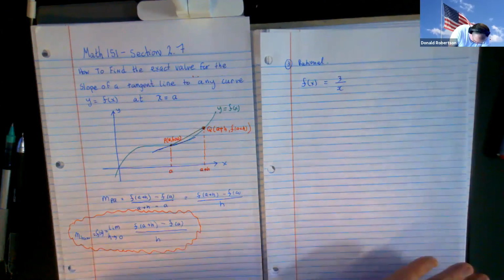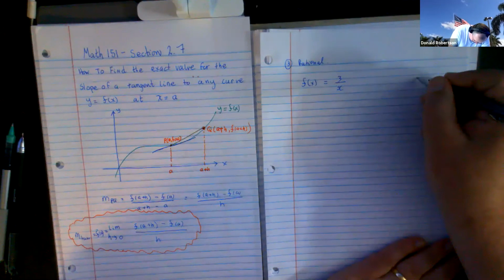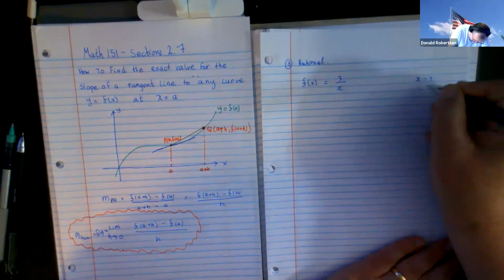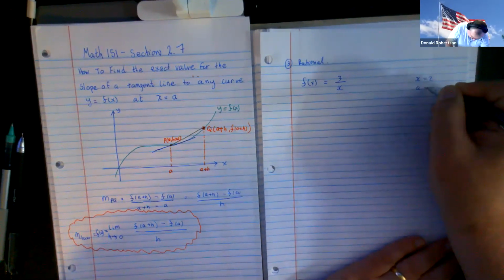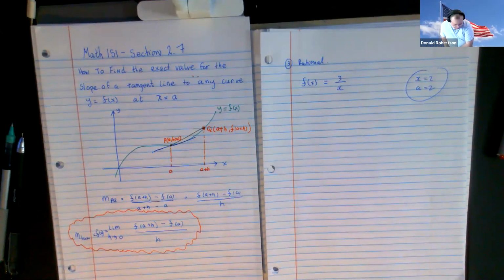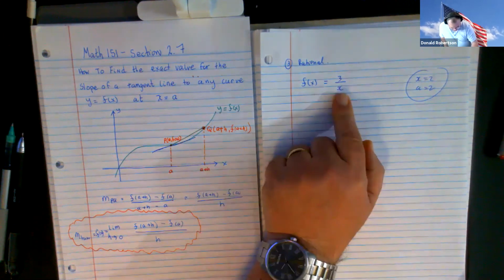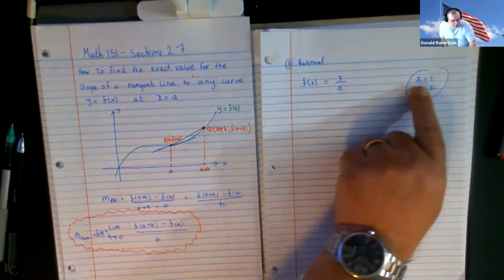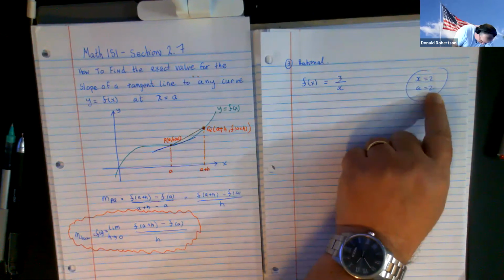So I'm going to do this fella, and I'm going to do it at x equals 2 because everybody else is at 2. No particular reason. I could have done it at 42. It's not a big deal, right? So we're going to find the slope of this curve at x equals 2, or as they call it, a equals 2.